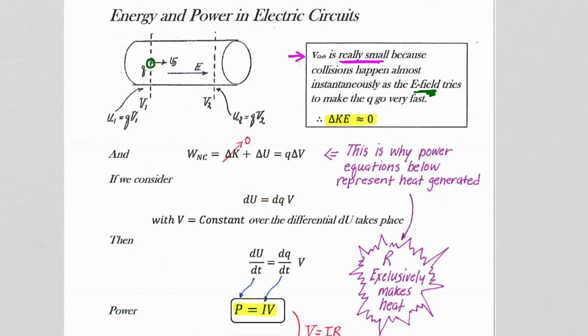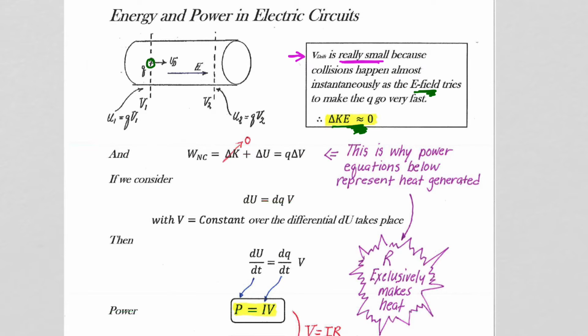And in fact, this is the really important part and can be a little bit like, wow, how can that be? Over any instant in time, they happen over such a short period by comparison to the flow of charge through the wire that we could say that the instantaneous change in kinetic energy is essentially zero.